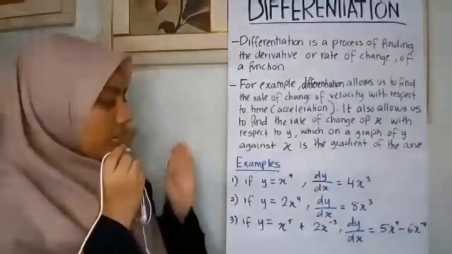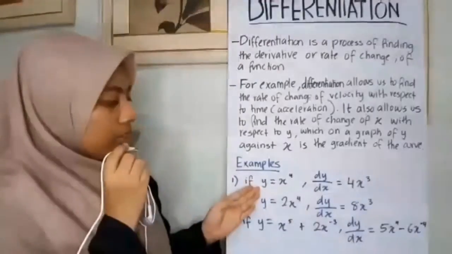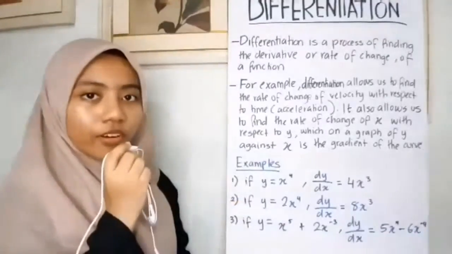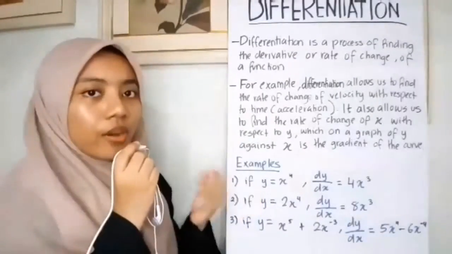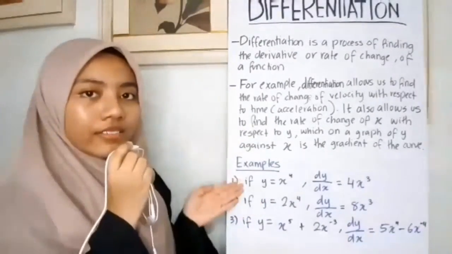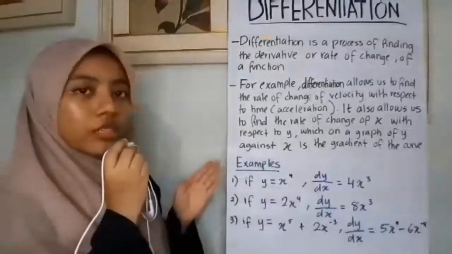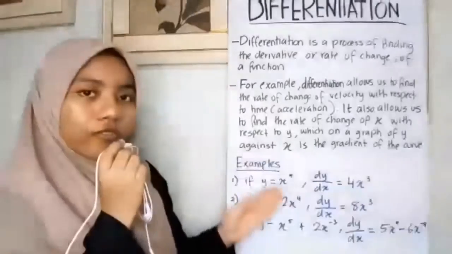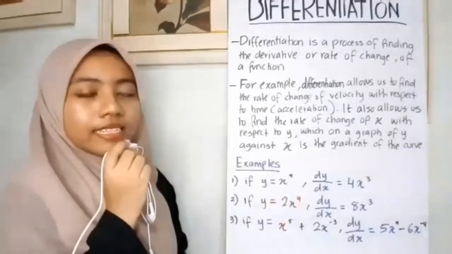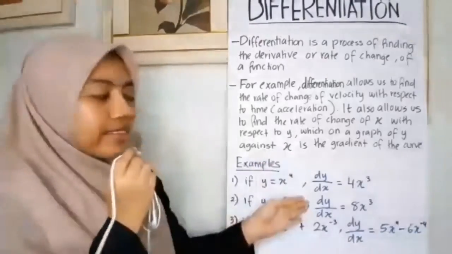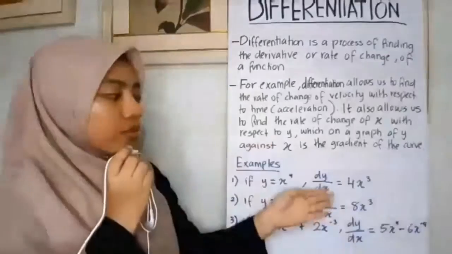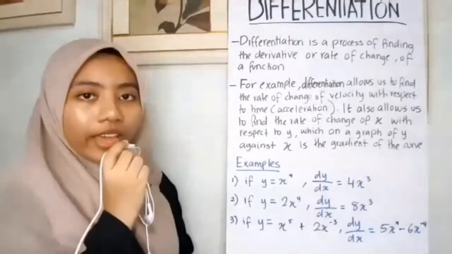First example, y equals x to the power of 4. Actually, this is a function. How do I know that this is a function? For a function, we write y equals a function of x, but in differentiation we write dy/dx equals some function of x.